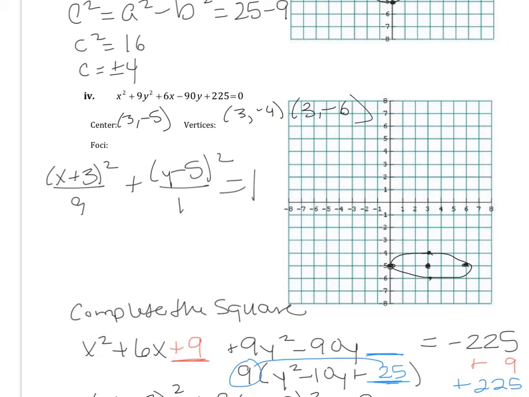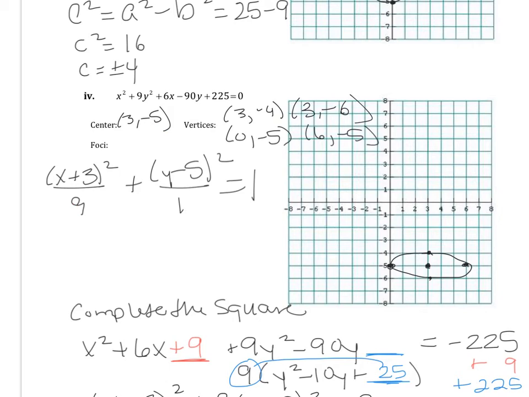And then my other vertices are (0, -5) and (6, -5). Again, that makes sense because the -5 comes from the center, and the 0 and the 6 are both 3 units from the center, and that 9 is telling us that we're going 3 units from the center in the x direction.